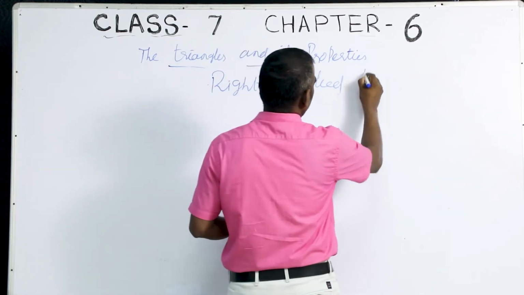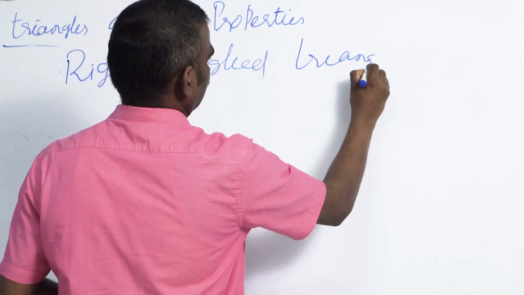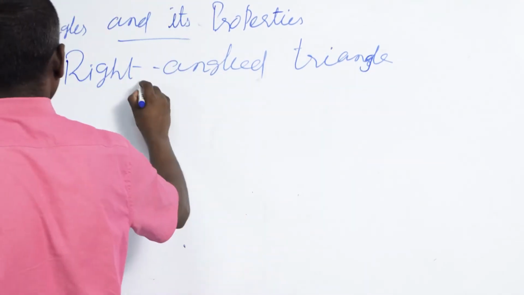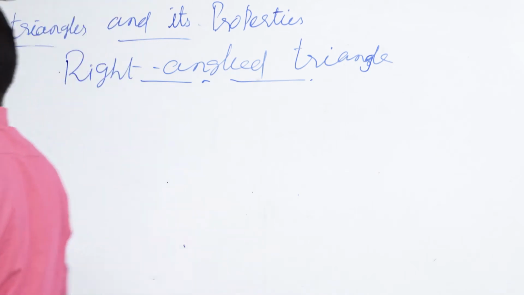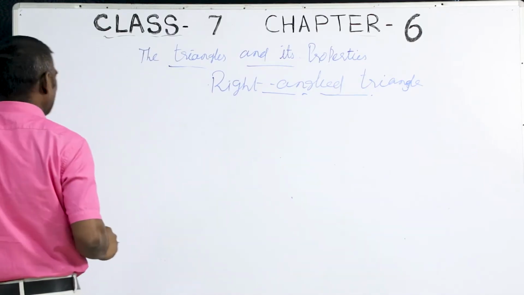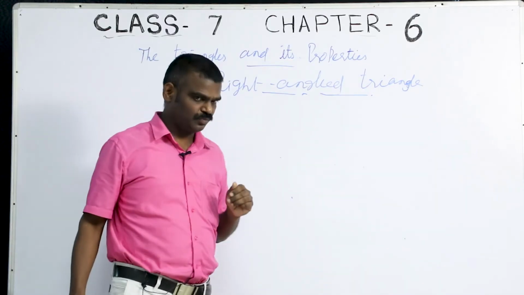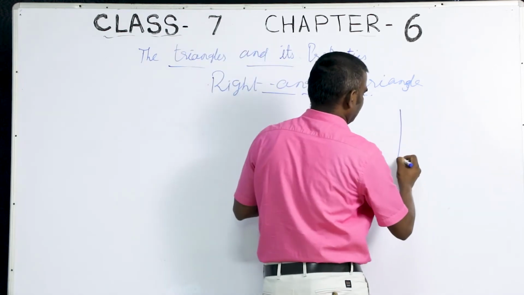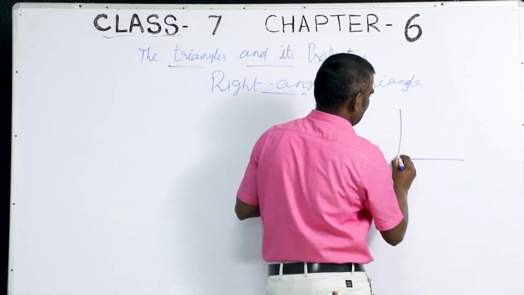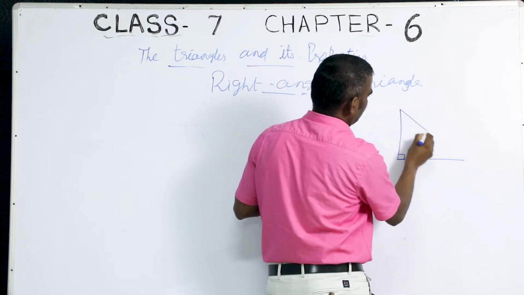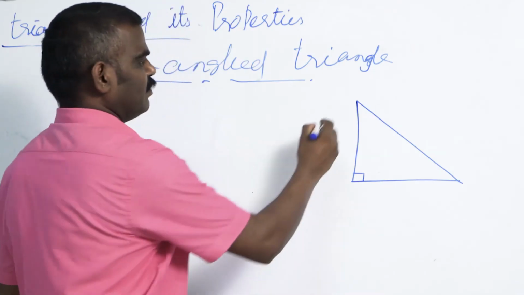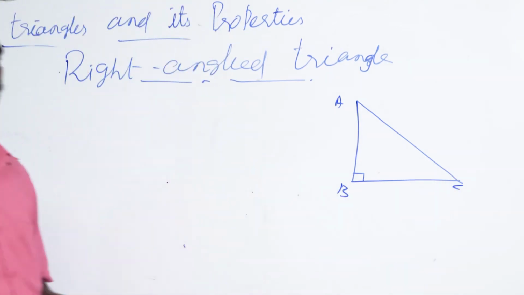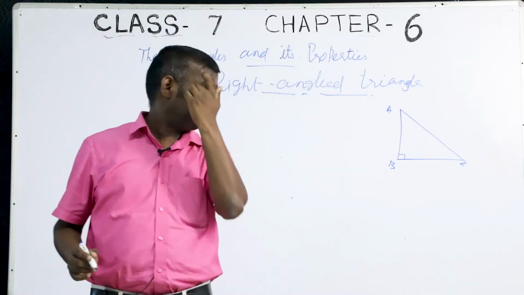In a right triangle, what is a right triangle? Right means 90 degree. In a right triangle, one angle must be how many degree? 90 degree. One angle must be 90 degree.